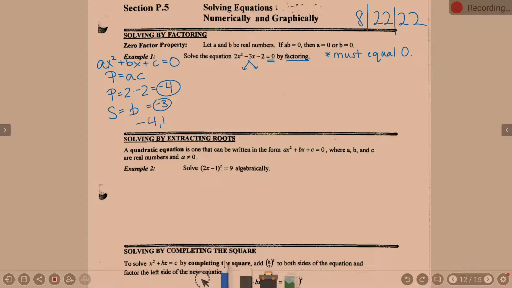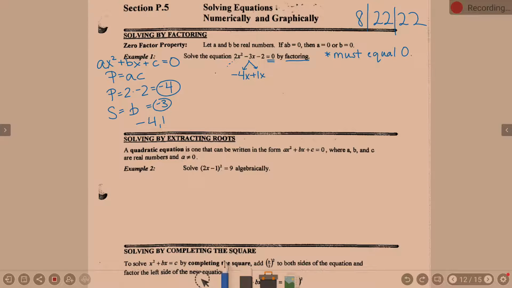My middle term of negative 3x is going to split into these two pieces, negative 4x and positive 1x. You can write it either way. Do you guys have a preference? I'll go negative 4x plus 1x.